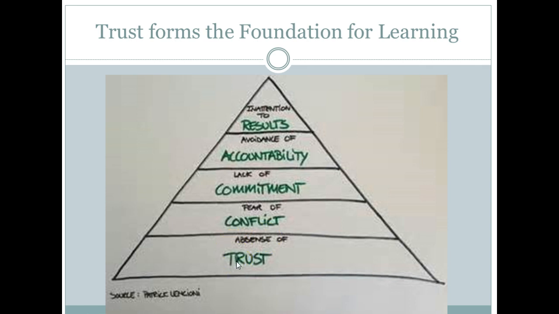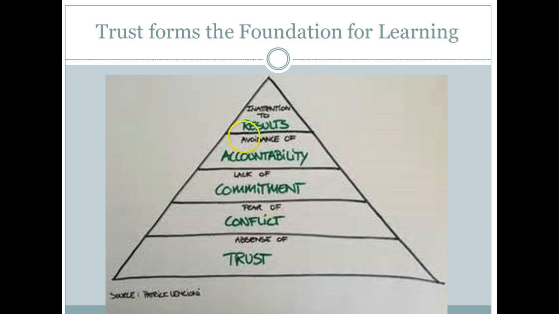So with this, trust is the foundation of an effective team. You have to have trust, because if you don't have trust, you're not going to engage in healthy conflict. Not malicious conflict, but everyone putting their ideas out there and discussing what is or isn't the best approach.